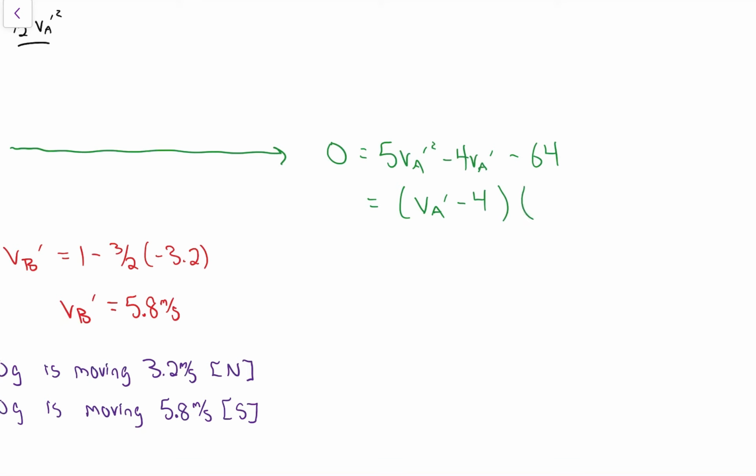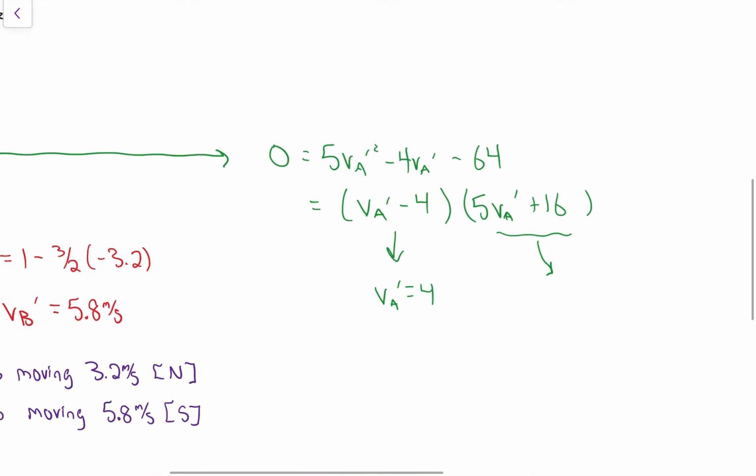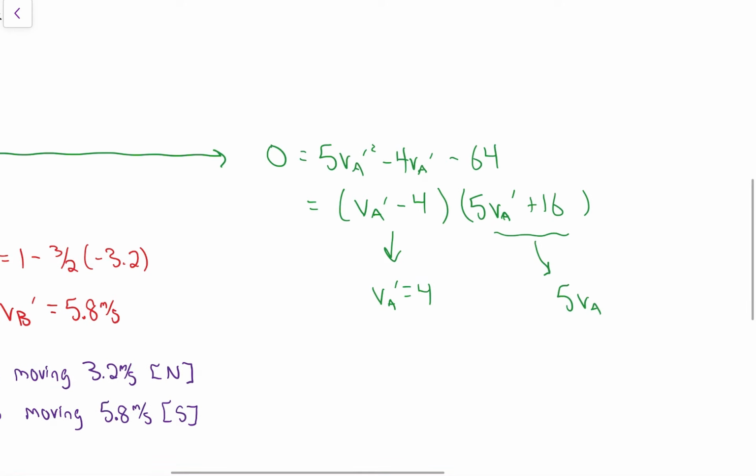If VA prime minus 4 is one of the roots, then the binomial that'll make that work is I need to have a 5 up front, so that when I FOIL it, I get a 5 squared. And I need to have a positive number. 64 divided by 4, if I'm doing this right in my head, is 16. So since I know the initial condition is one of the roots, I can kind of cheat. I don't have to do the quadratic formula. I know that VA prime equals 4 is an answer. I can use that in kind of some mental polynomial long division to figure out the other answer.